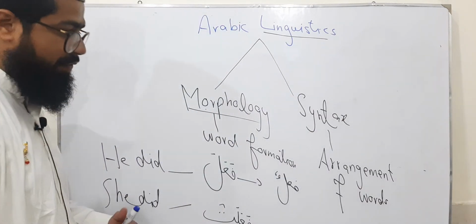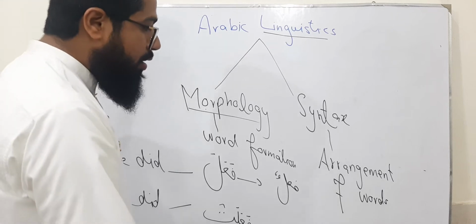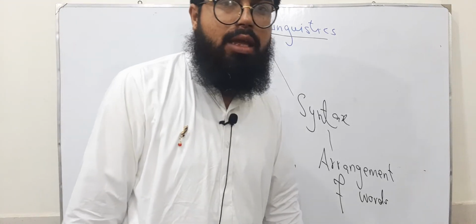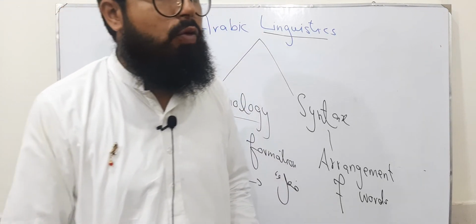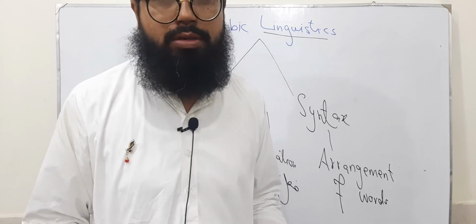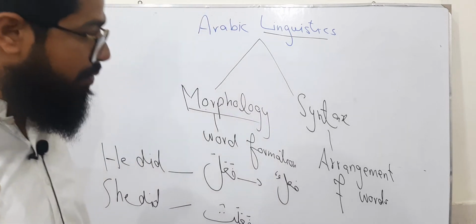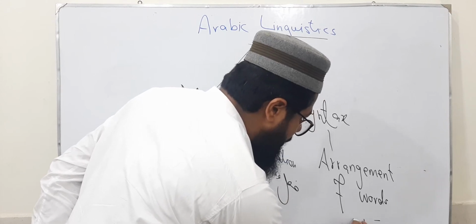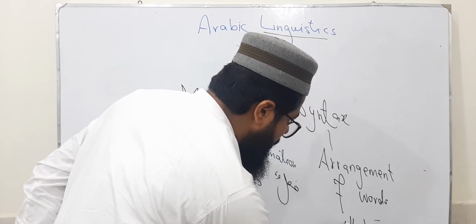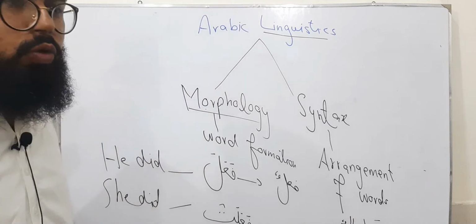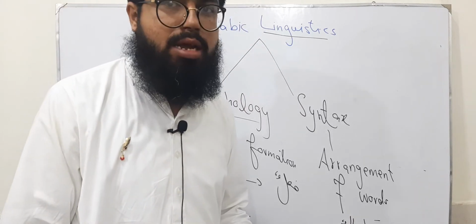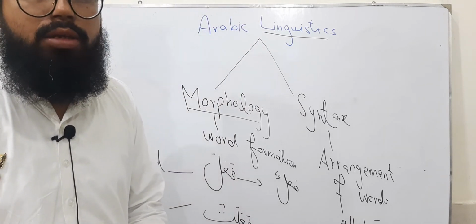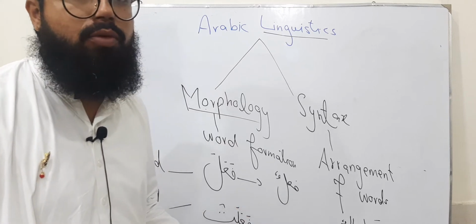For example, if you want to say I am a scholar, in the Arabic language you will say ana alimun. You cannot say alimun ana, it would be wrong. The sequence is ana alimun.